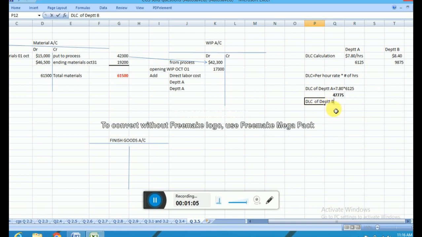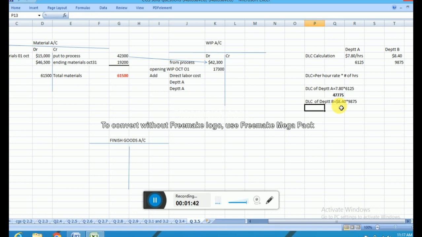So the direct labor cost of department B is equal to the per hour cost in department B, which is 8.40, multiplied by how many hours of work took place in department B, that is 9,875 hours.